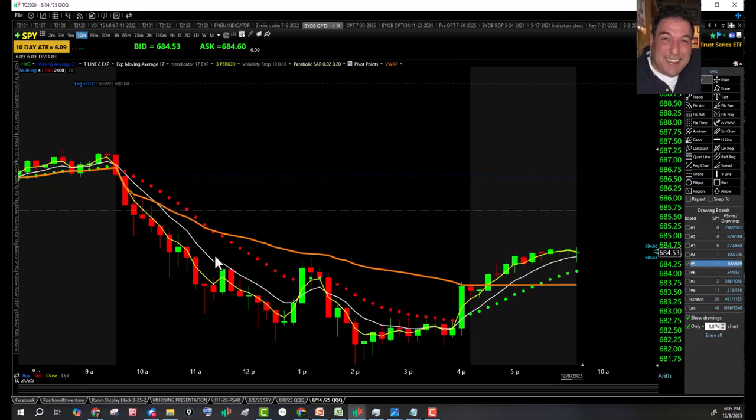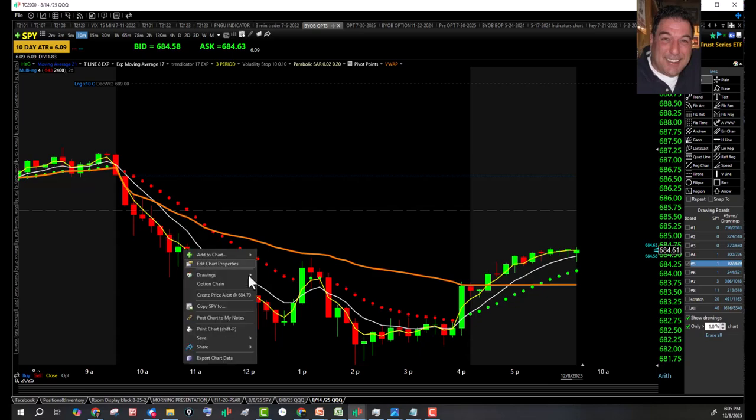But what I am good at is finding this trend, which is very easy to find, and I can fall in when I see that it's moving down and away from VWAP here.